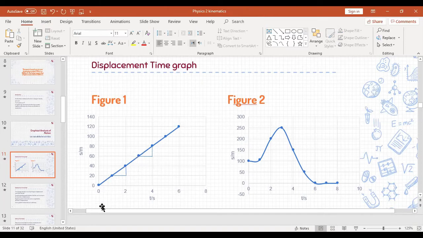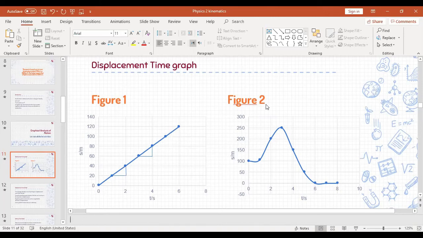Along the line, at any point, at any interval, your velocity remains the same, which is 20 meters per second. So your change in displacement per second is 20 meters, and it will remain the same along the line. Whereas it would not be the same in figure 2.